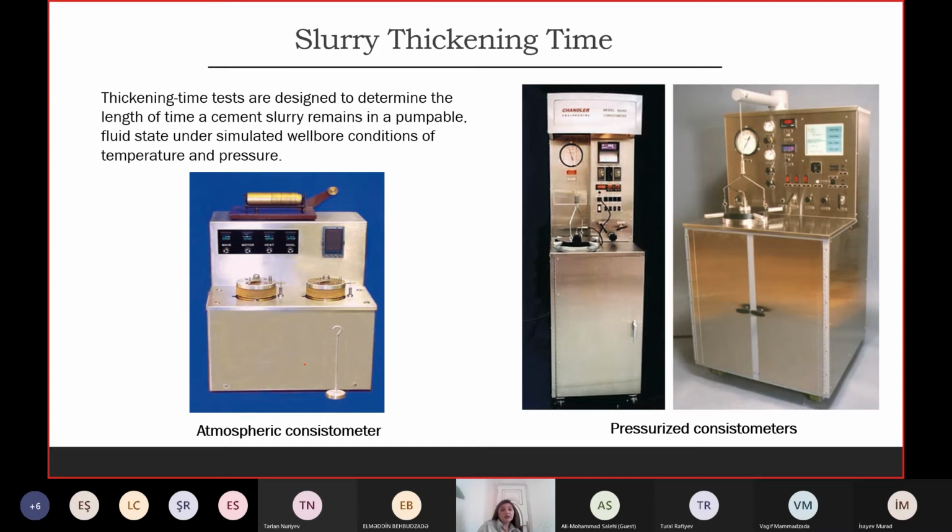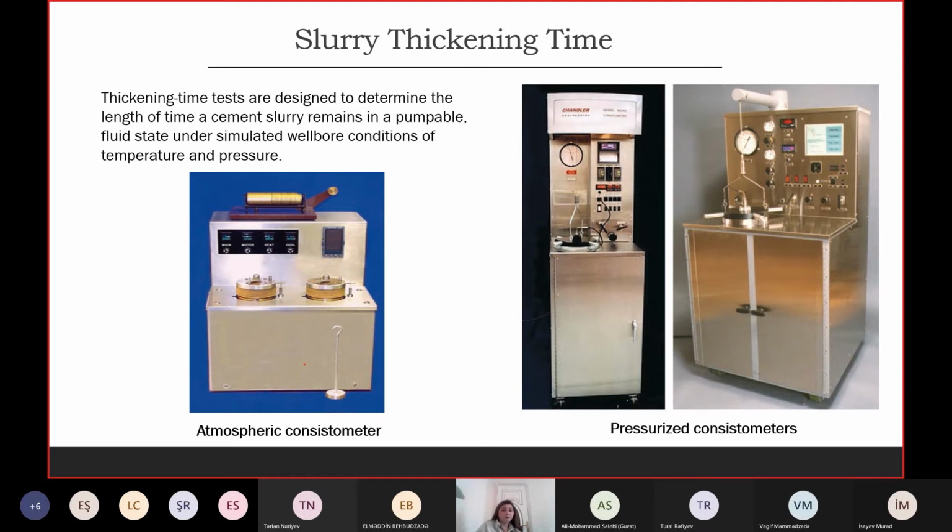So that's why thickening time is a very critical parameter. Let's say you get worse rheology or worse compressive strength. What will happen? Your job will not have good service quality. But you can solve those problems more easily than thickening time problems, because if you didn't get good isolation, you will squeeze some slurry.